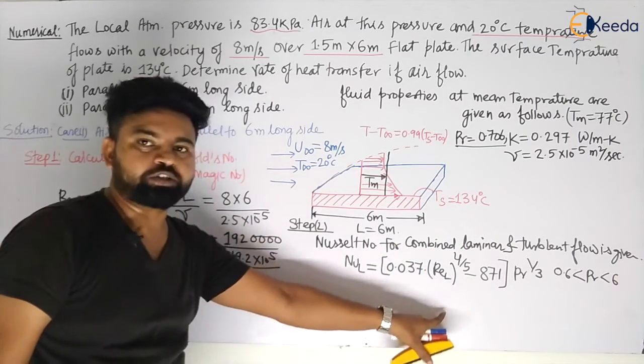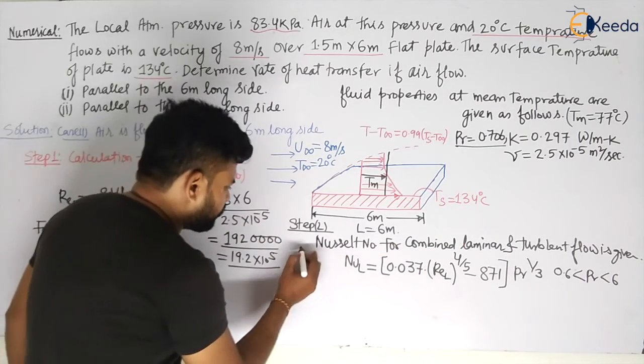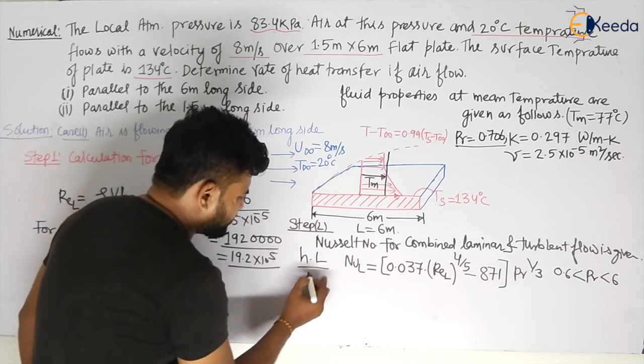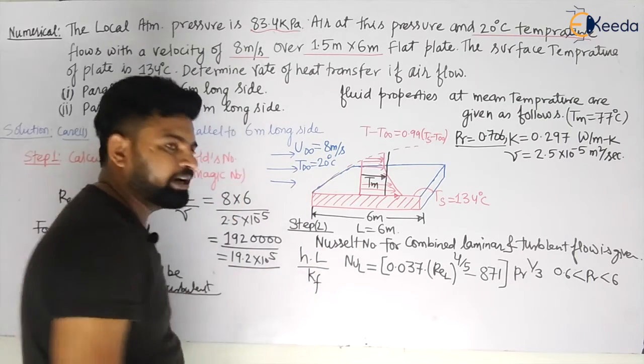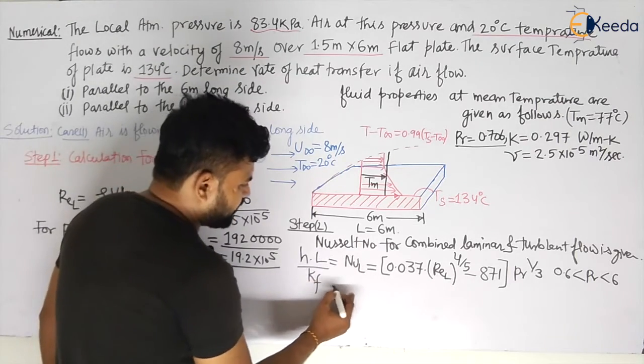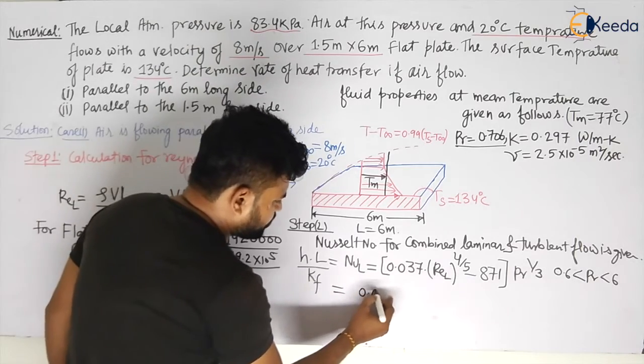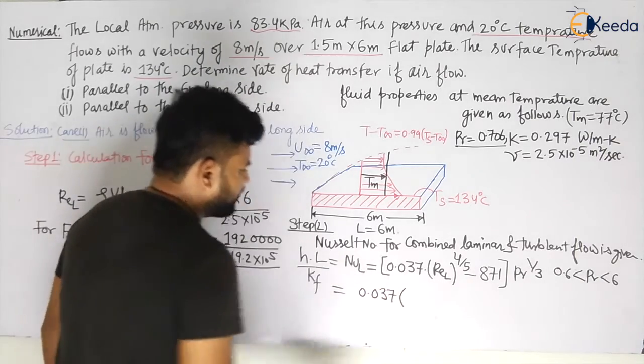I will use this equation to calculate my heat transfer coefficient, which is given by HL by K fluid, my dear students. So let us calculate it. So this will be given by 0.037. What is REL, my dear students?